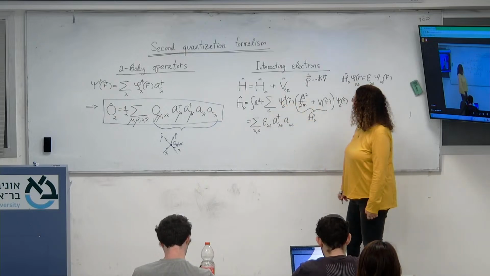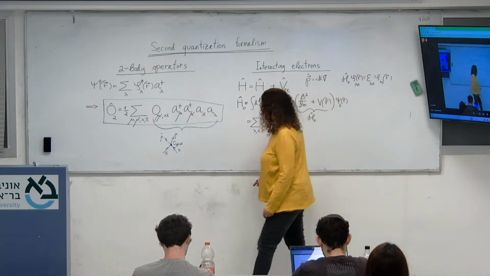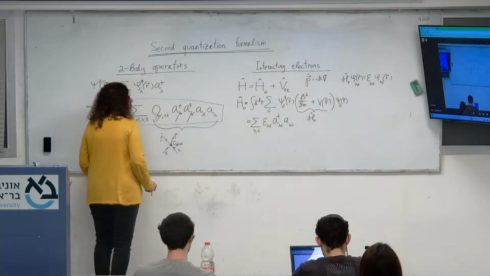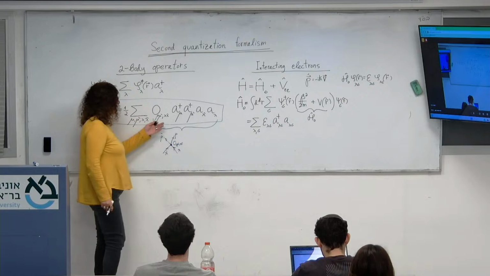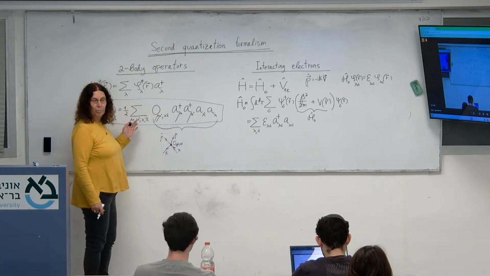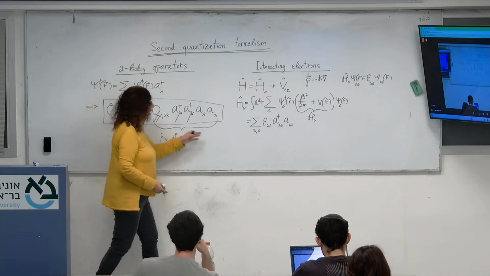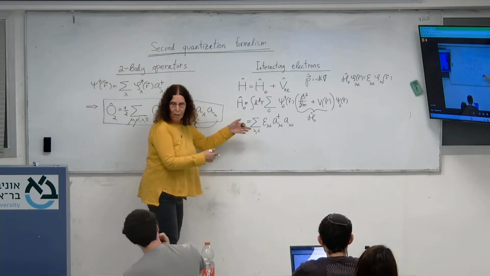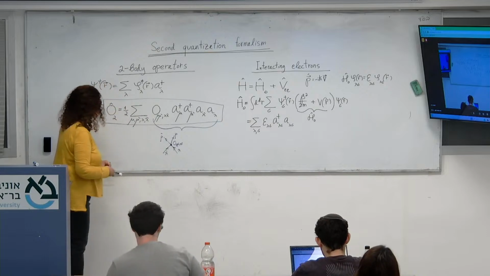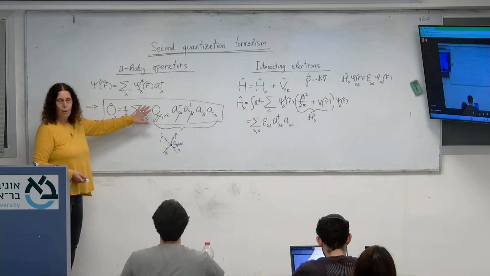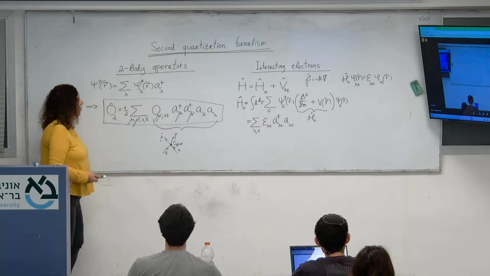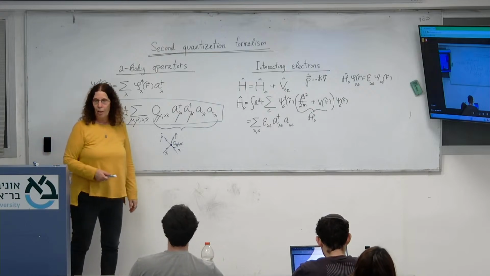What about V? V will have this general form. Okay? Here the lambdas and the mu's are taken from the same pool, the same set of quantum numbers. So I cannot simplify this further, but I can do it for special cases.